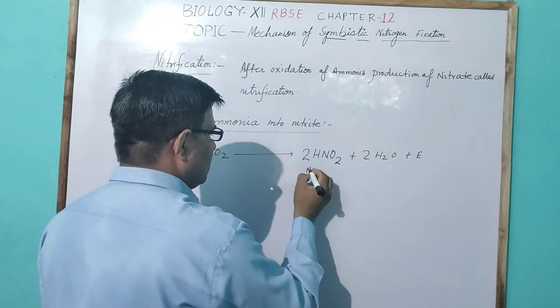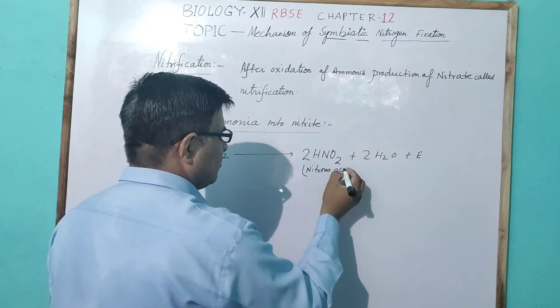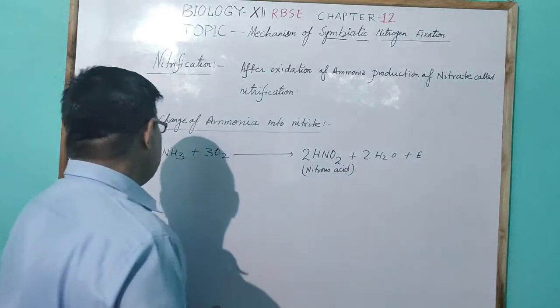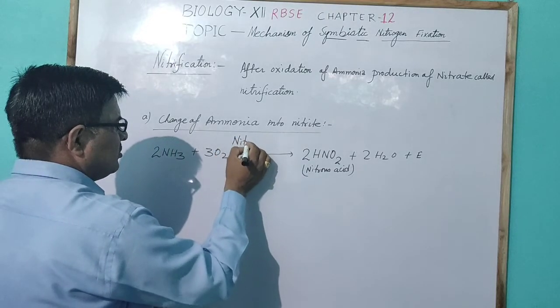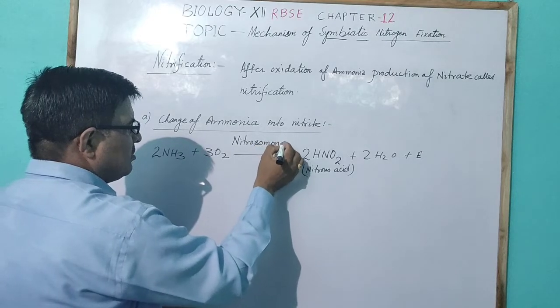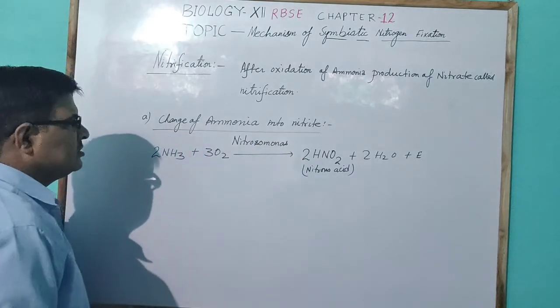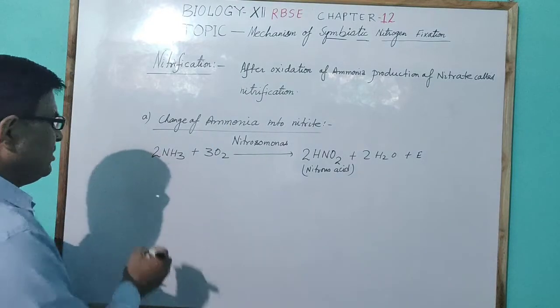So here it produces the nitrous acid in the presence of a bacterium called Nitrosomonas, and this Nitrosomonas is a type of chemosynthetic bacterium.